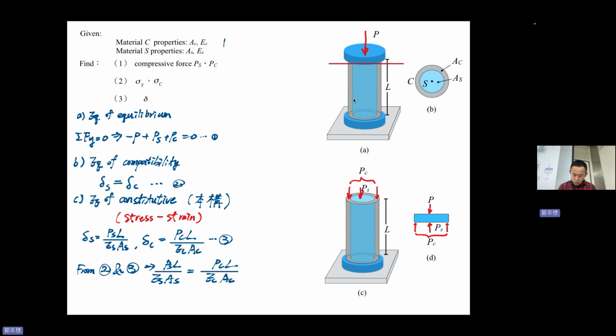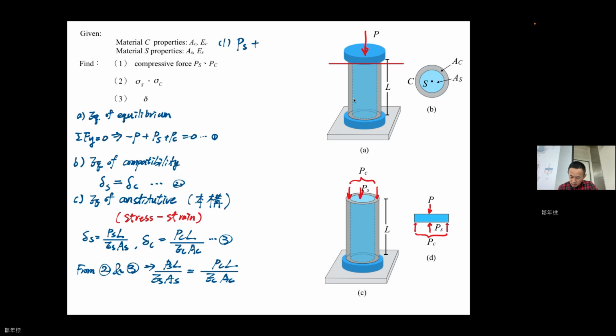Okay, and we now know that, so the first one, compressive force, PS, PC. So PS, we substitute the relationship back to the force.